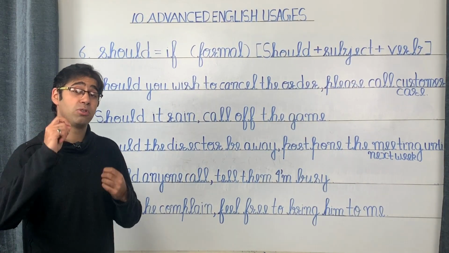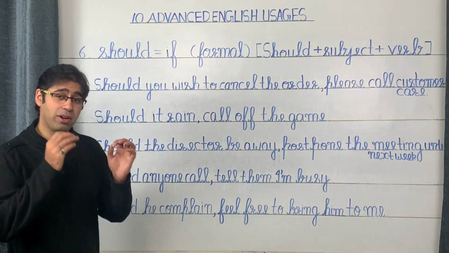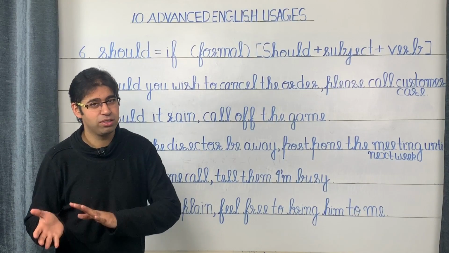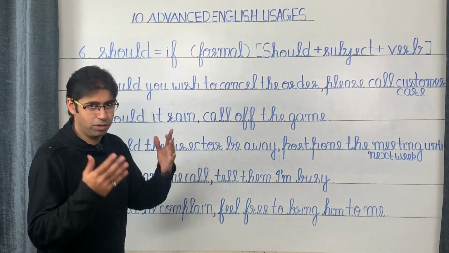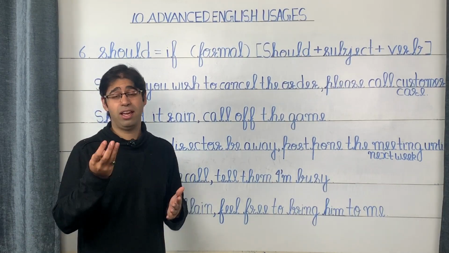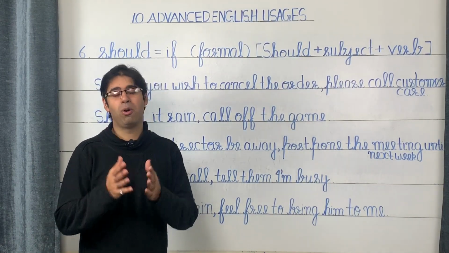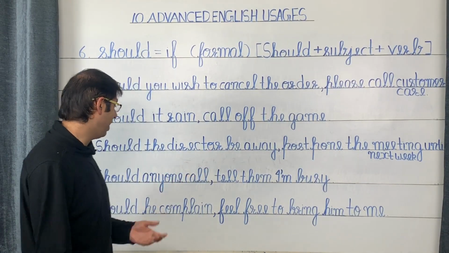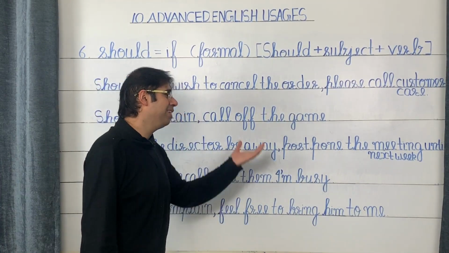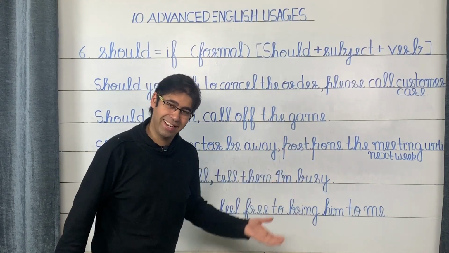But once we introduce should as a replacement for if in the sentence, is returns to its base or infinitive form, which is be. Now, you're definitely aware that is, am, are, was, were are all verbs that are born of the infinitive be, giving you the sentence as, should the director be away, postpone the meeting until next week.